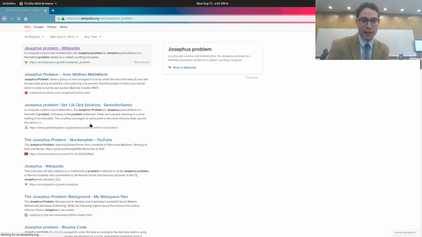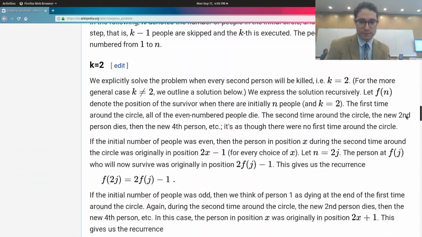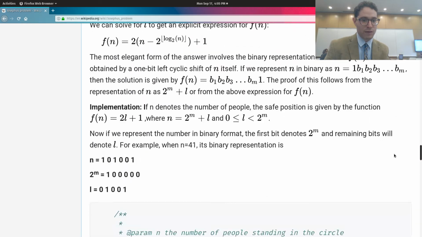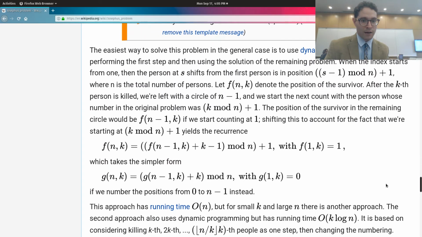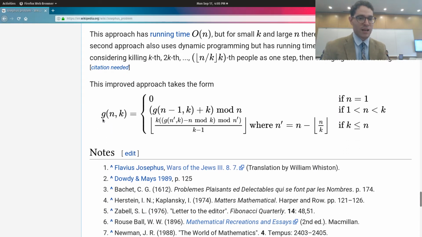All right, so let's take a look at the problem. Here's the solution to it, the general case we're solving. The safe location to be in if you're in a ring of size n and a count of size k is this equation over here.